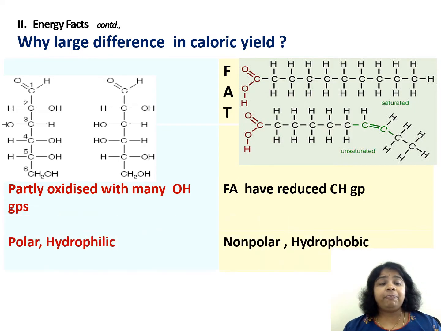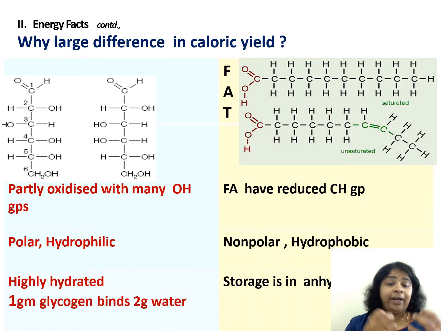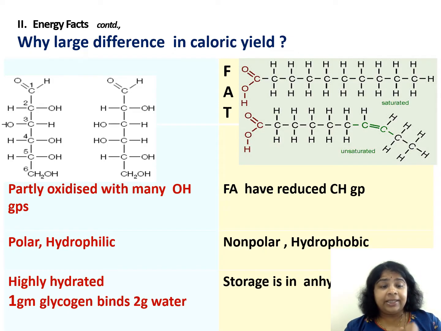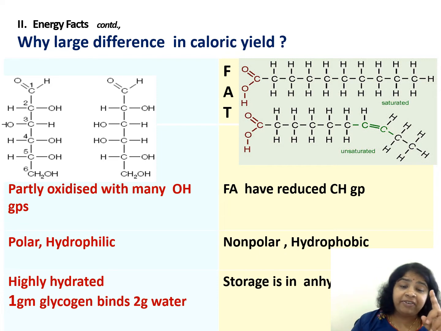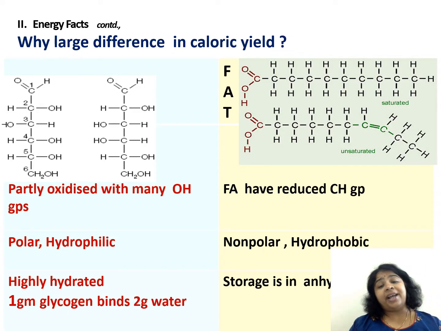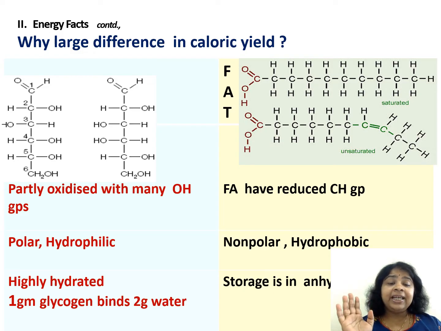If the body is trying to store glycogen, glycogen is hydrophilic and draws in water. For every gram of glycogen that we store, it binds with 2 grams of water. So there are going to be 3 grams in that cell to store just 1 gram of glycogen. Whereas with triacylglycerol, there is no water involved. It is completely anhydrous. 3 grams is 3 grams of pure triacylglycerol.